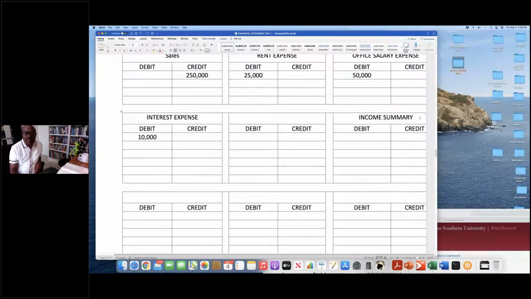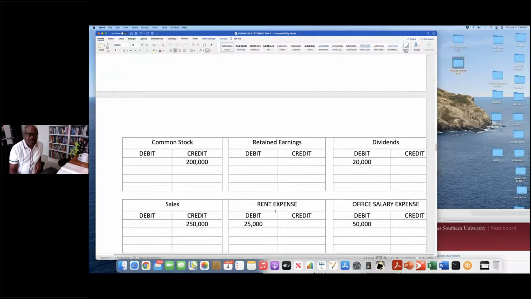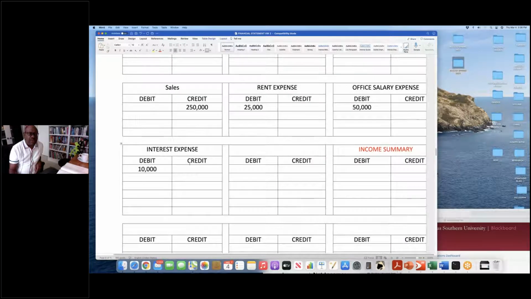Income summary is just a temporary holding account for the closing, so we don't have a lot of entries in retained earnings. So when we post that entry, we're going to debit sales 250, and we're going to credit income summary 250.